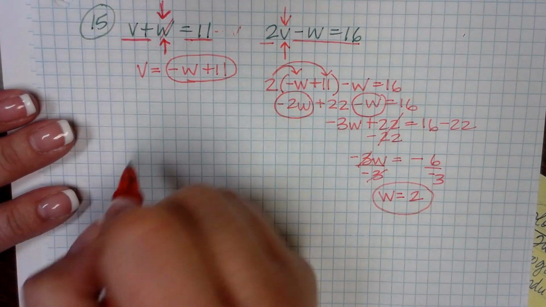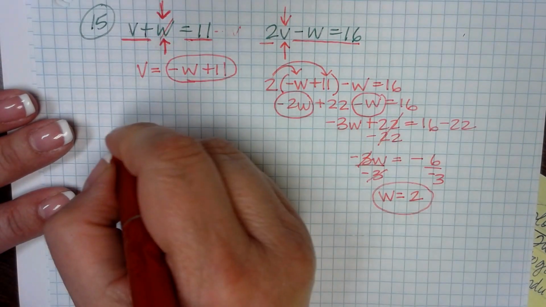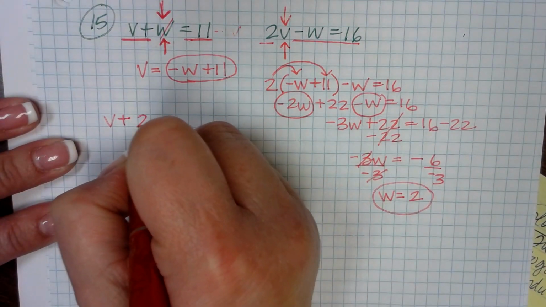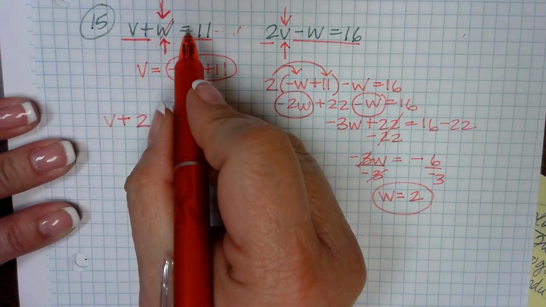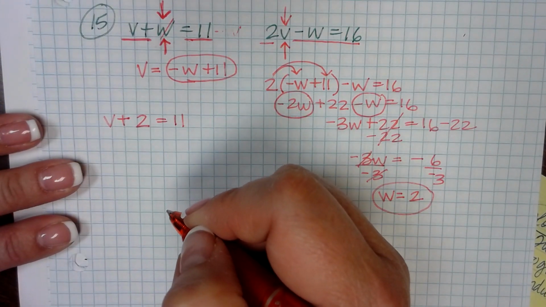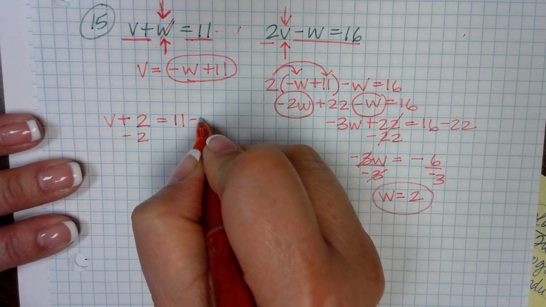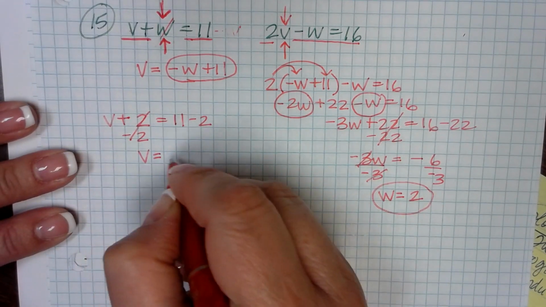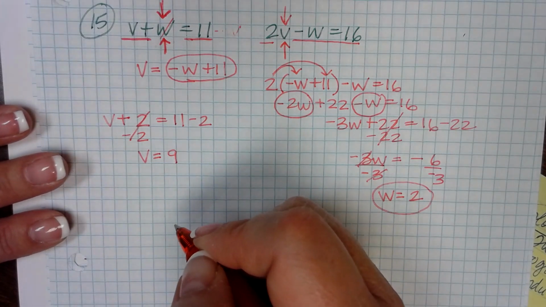So over here I've got V plus W, so I'm going to say V plus, now W is 2, and then I'll continue to write equals 11. So from here I'll just subtract 2 on both sides, which leaves me with V is equal to 9.